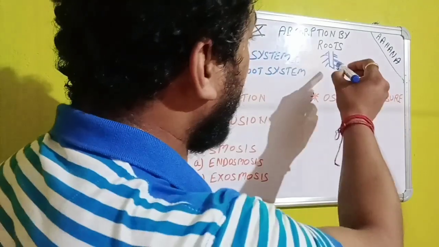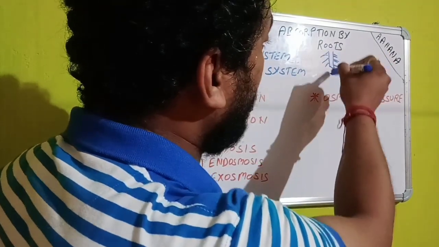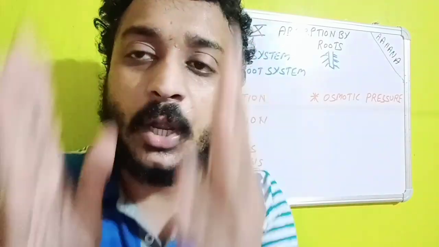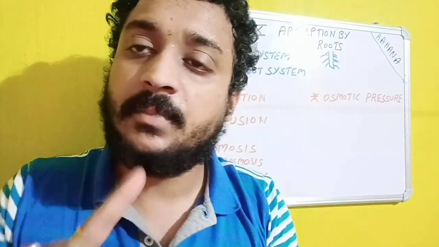So the taproot will consist of one main or primary root and the hair-like structures beside the main root. Whenever we are talking about taproot, the picture must be clear: a main root, and along the sides there will be small minute threads of the root.